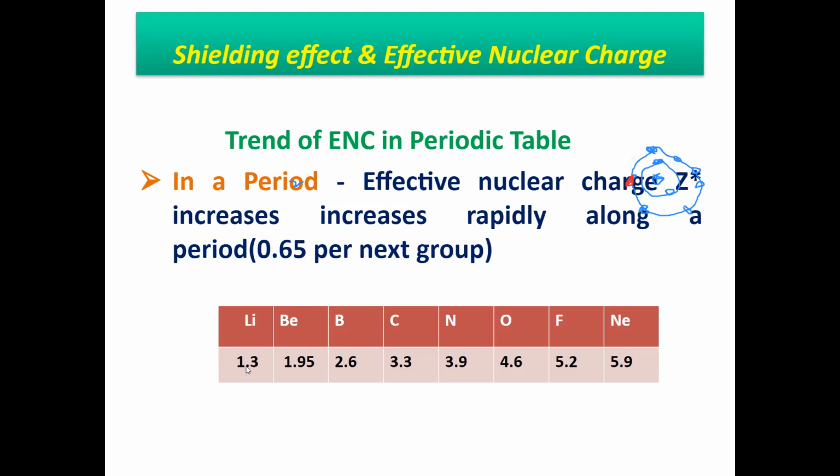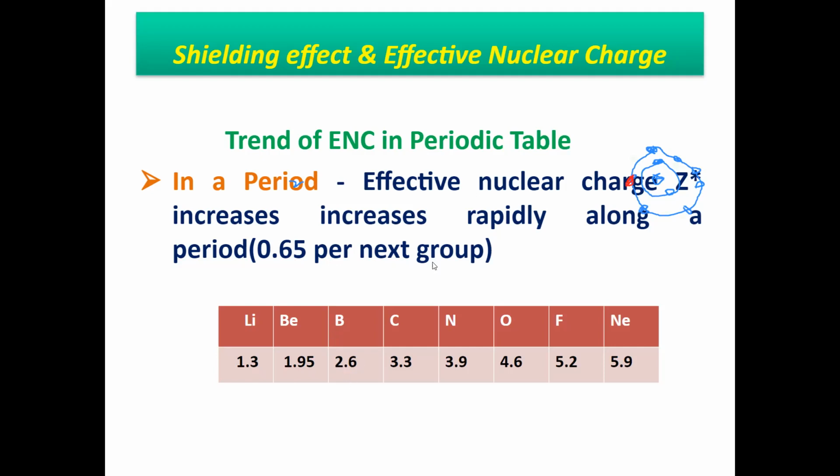So what happens? See, the values increase. Understand? So how do they increase? By adding about 0.65 for each next group. So 1.3 plus 0.65, the next value is 1.95. To 1.95 we add 0.65, we get 2.6.